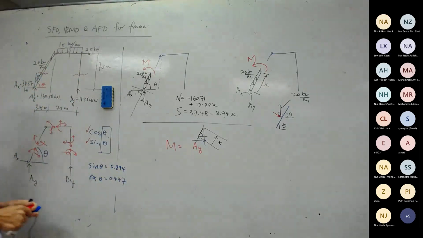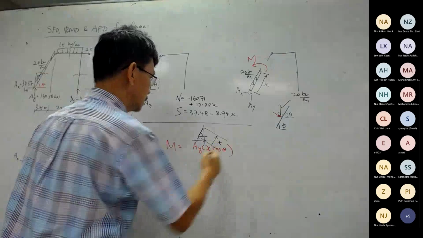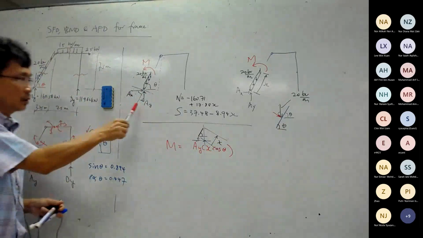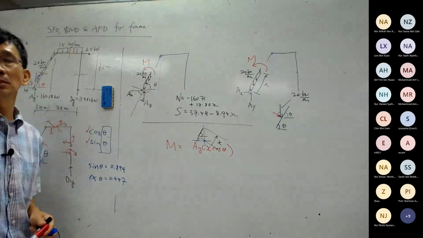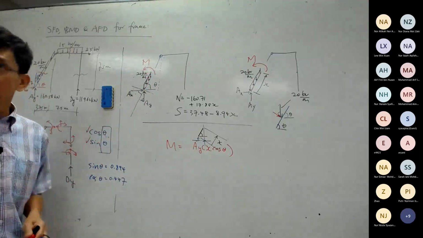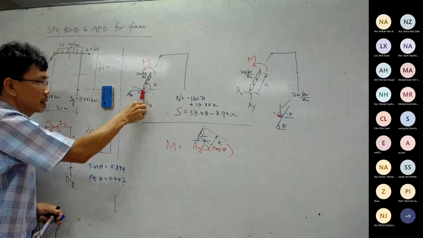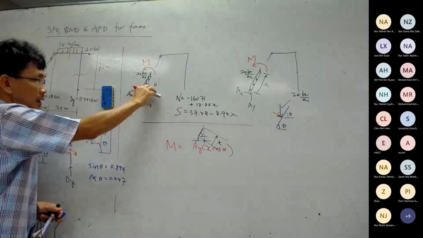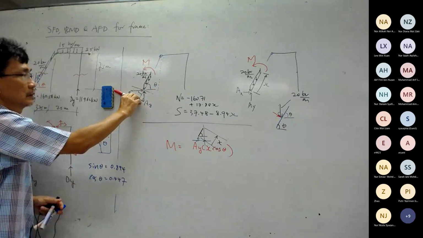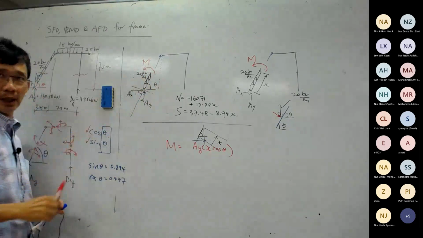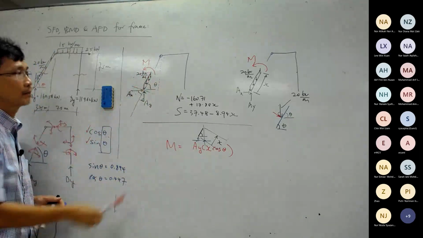So AY multiplied with x cos theta gives us the moment caused by this at this section. The other way you can do it is to find the component of this in these directions, then directly multiply with x. You get the bending moment caused by this at these sections.